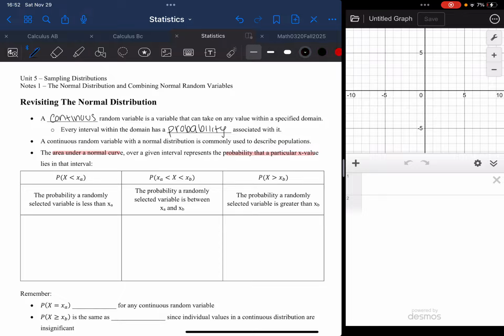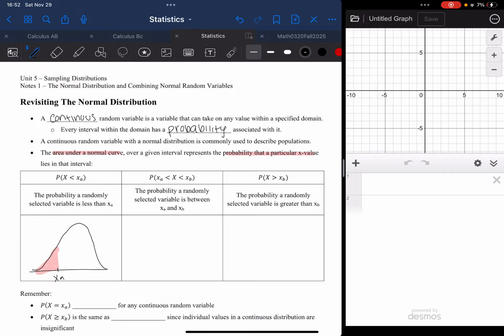So looking at 3 examples here, if we are saying the probability a randomly selected variable is less than some number x sub a, that is looking at the normal distribution where our value is less than that, to the left.